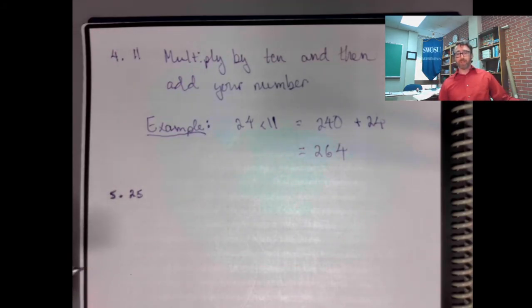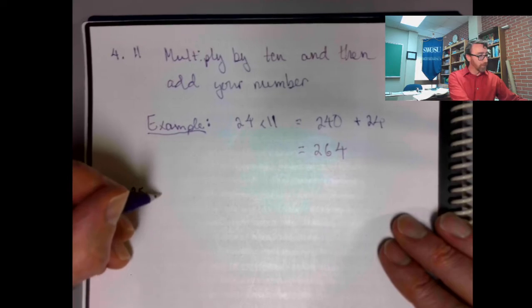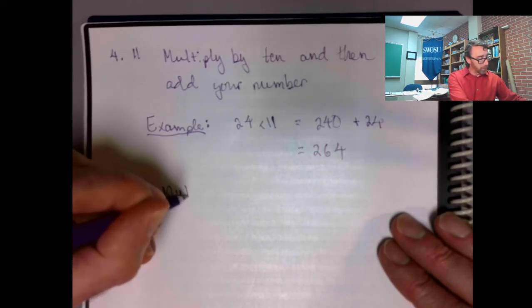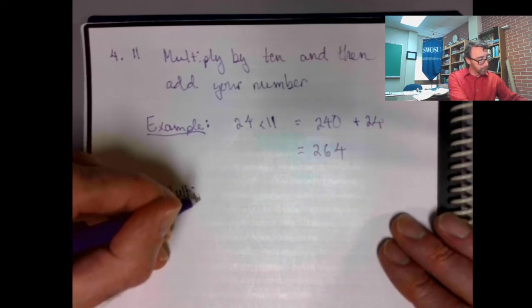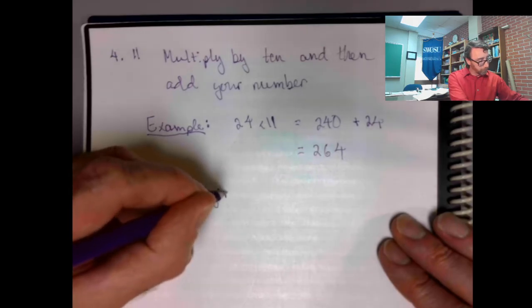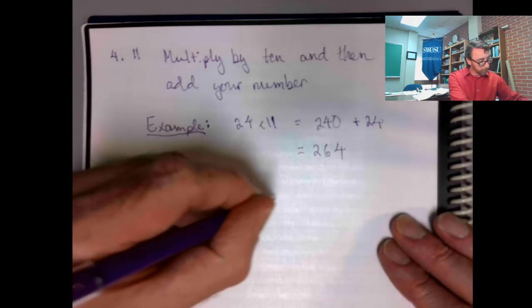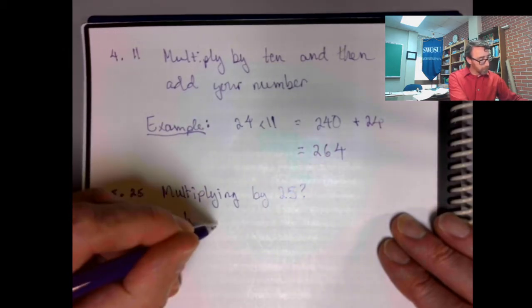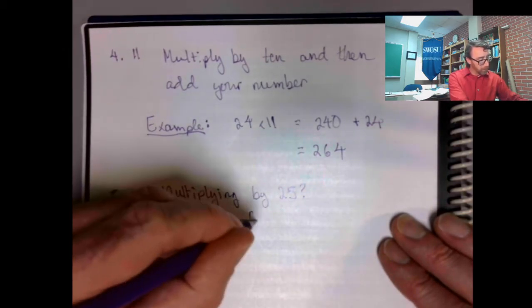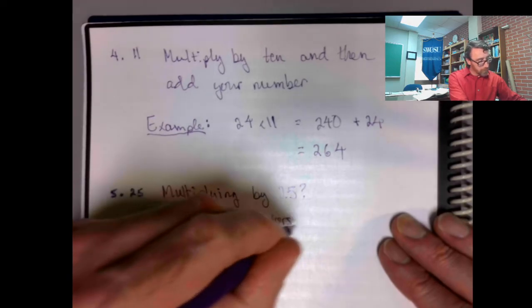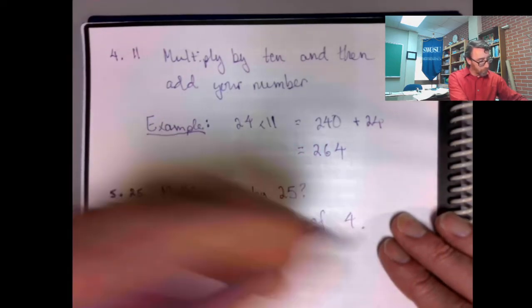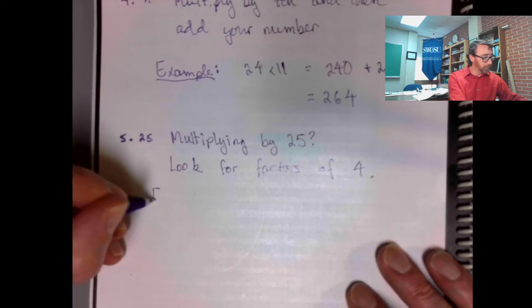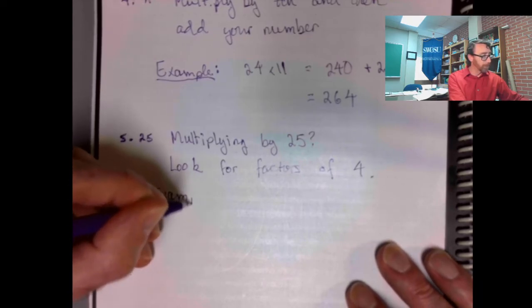And this is something we actually haven't talked about yet, but if you're multiplying by 25, look for factors of 4. Let me give you a quick example of what I mean.